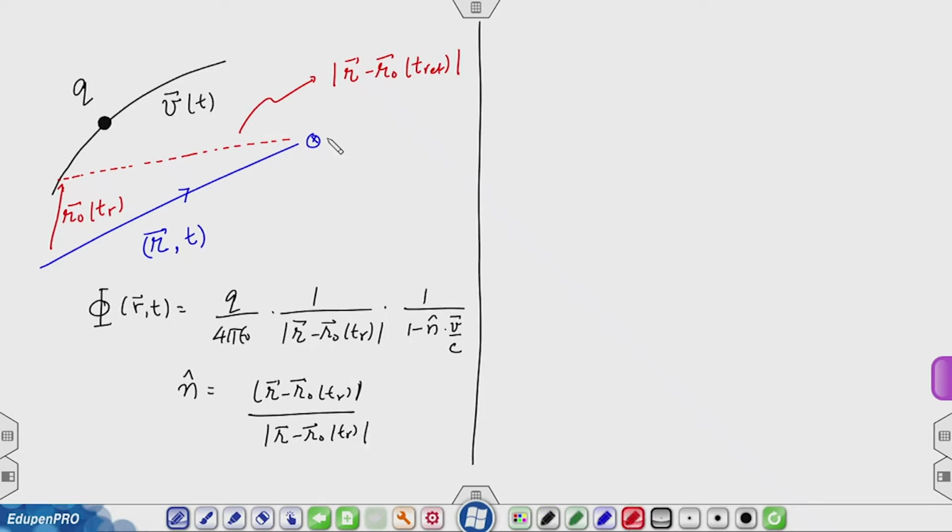So, the unit vector is in the direction shown here.